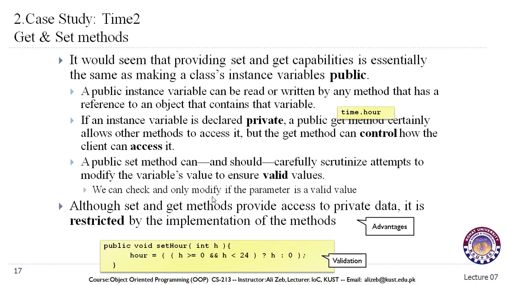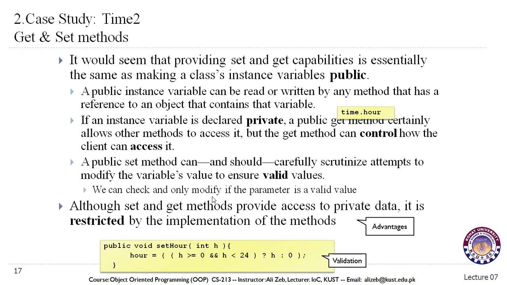We can perform validations and we can decide the kind of value that we want to return using the get method, and we do not want to provide direct access to our instance variables from outside of the class.